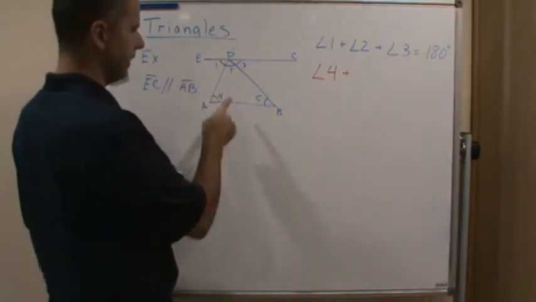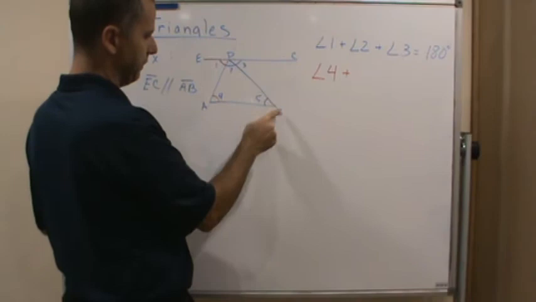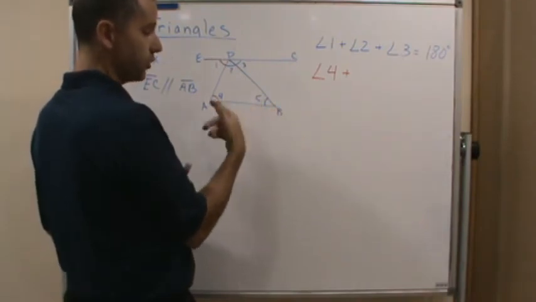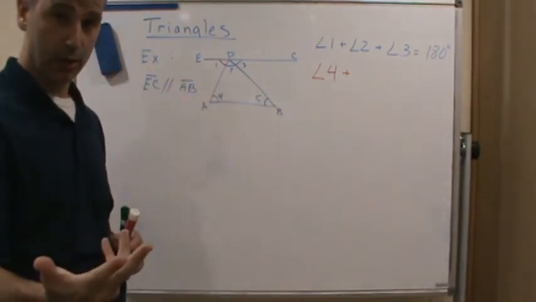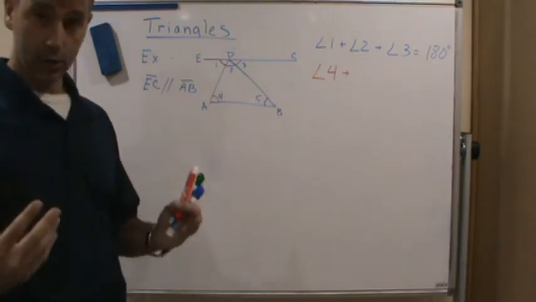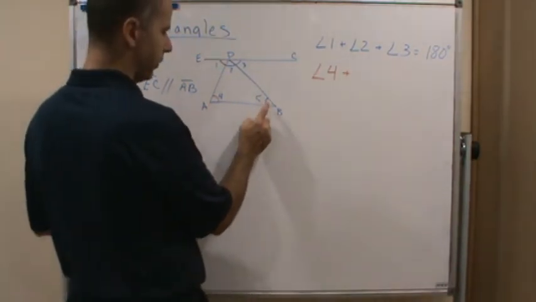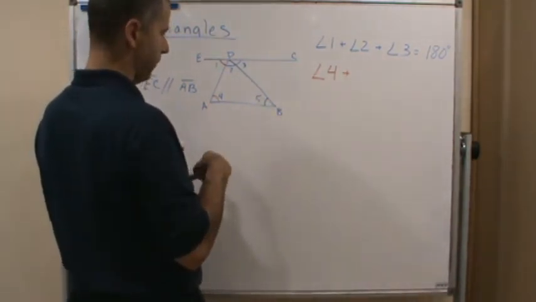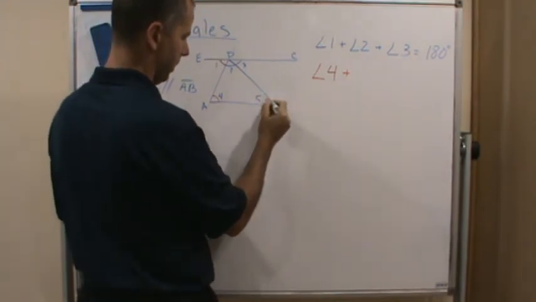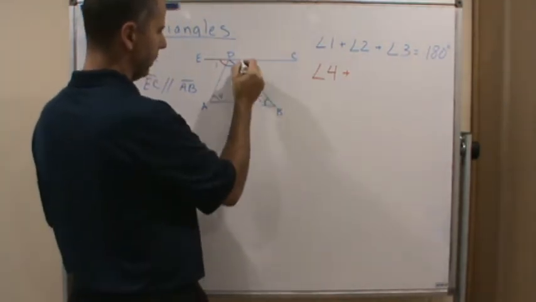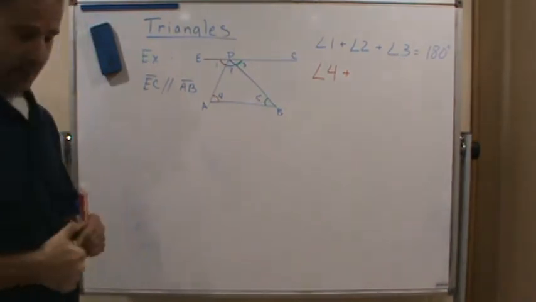Also, if I look at this line segment, DB, that's also a transversal, so the alternate interior angles are also going to be the same here. So I know that angle 5 and angle 3 are the same.